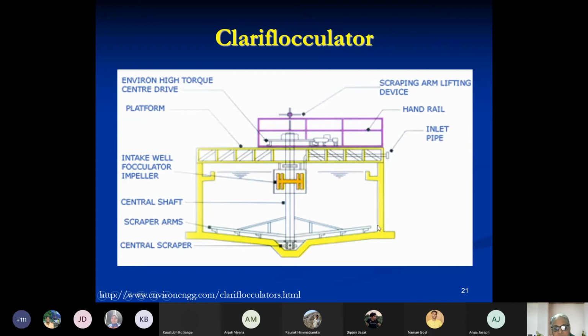So this is all happening over here, and that's how you get two processes in the same tank. So here you get the not colloid formation, you will get floc formation, and here you will get sludge formation. So all this floc that has formed here in this zone will settle in the remaining part of the tank. And the clarified water will overflow into the collection channel. So here is the collection channel.